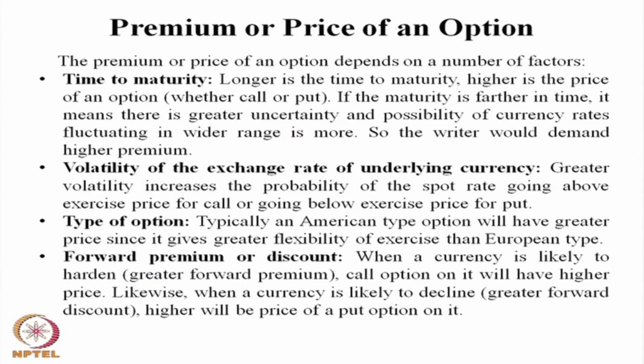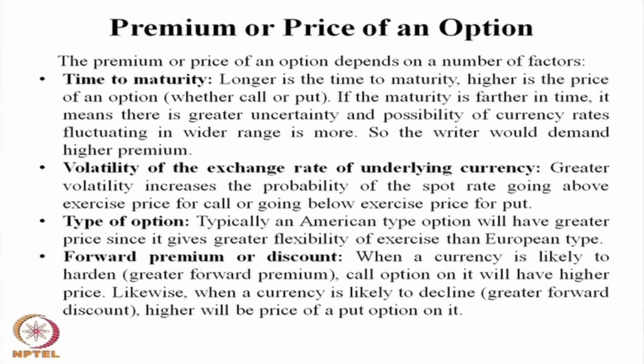One part is the time of expiration, that is the maturity date. Another part is the underlying asset. If the underlying asset is highly volatile, then my option premium will be very high. The volatility of the underlying asset is also a determinant of the option premium.